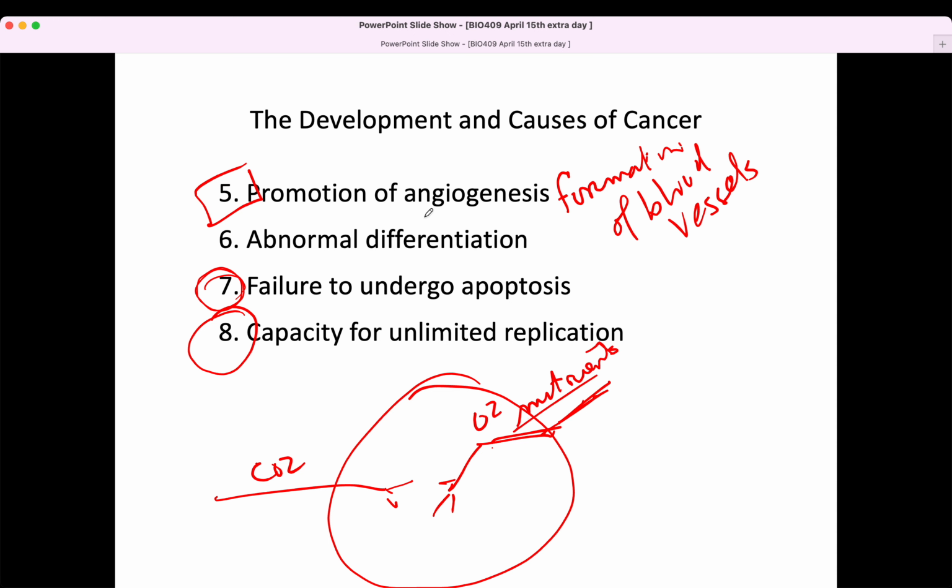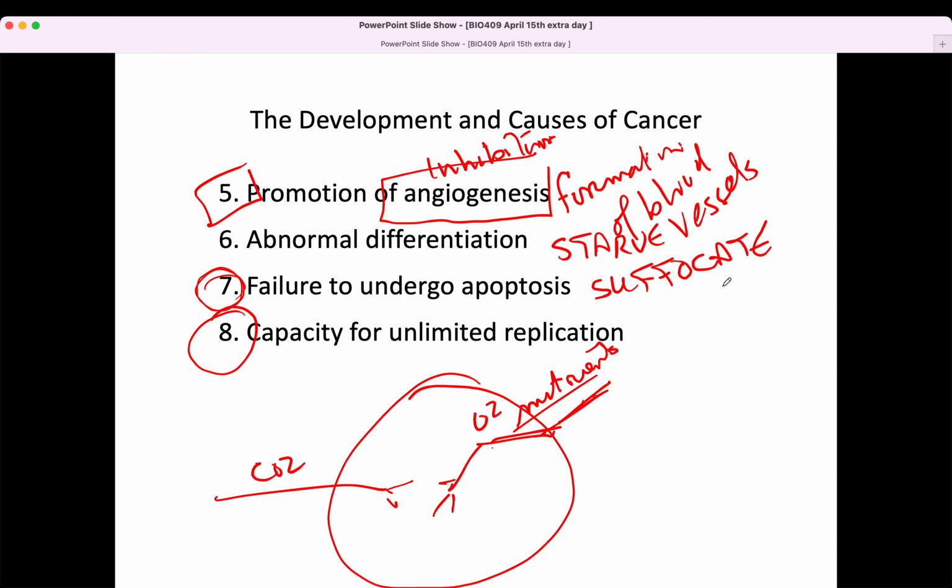And that's a feature of cancer, and it's a pretty simple and obvious feature. It's listed because for years scientists have been developing inhibitors of angiogenesis so that we could essentially starve and suffocate a tumor.